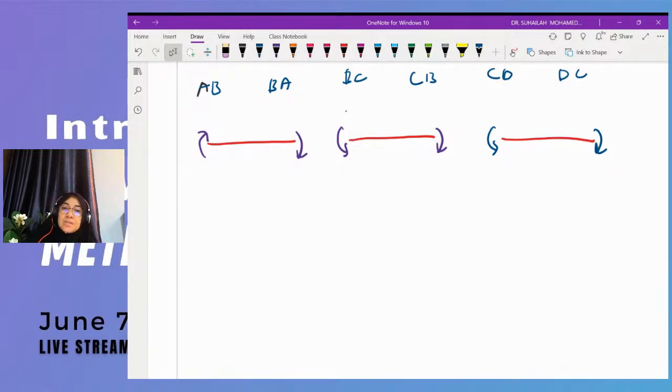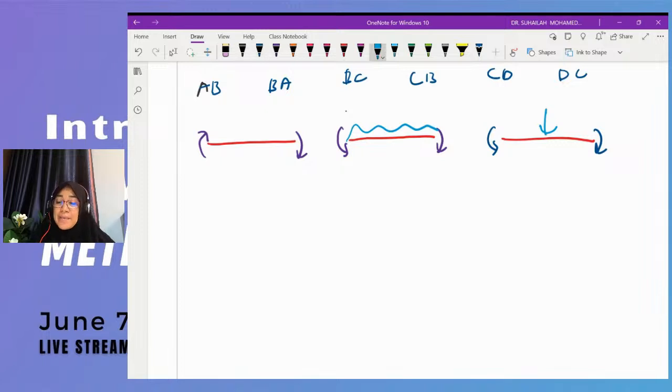So from this, we can sketch the bending moment diagram. Don't forget, member BC has UDL and a point load. So this will guide us how to draw the bending moment diagram.